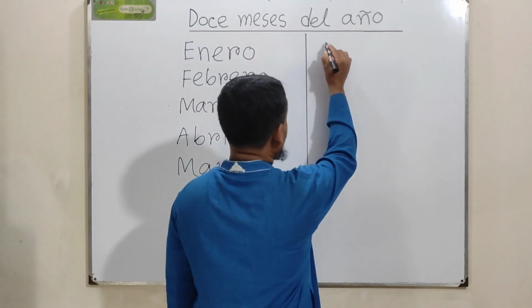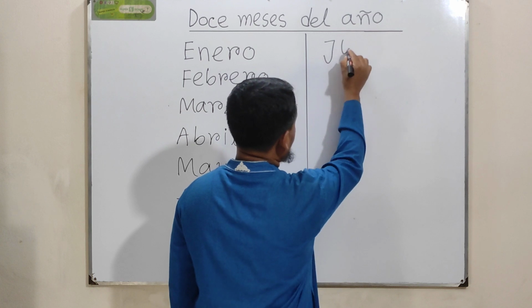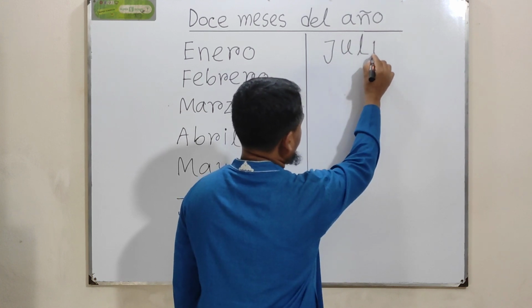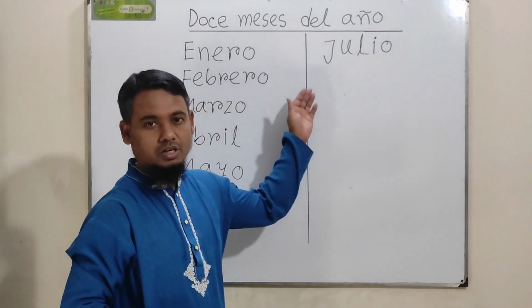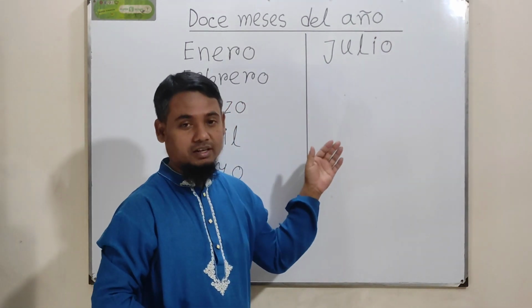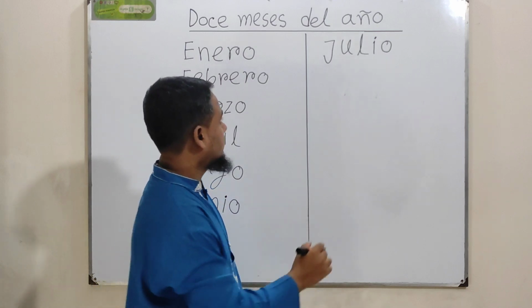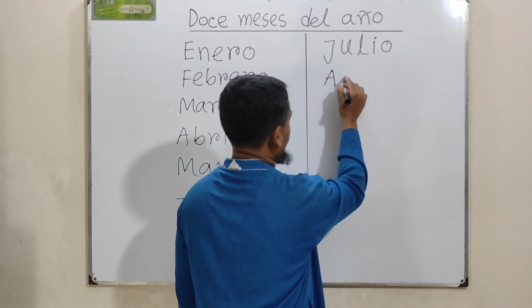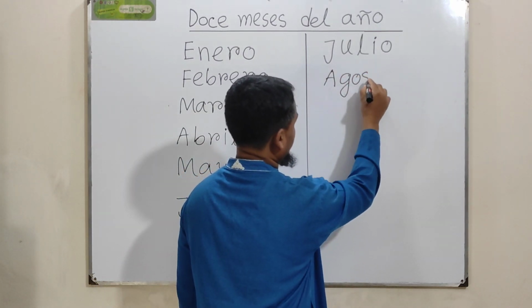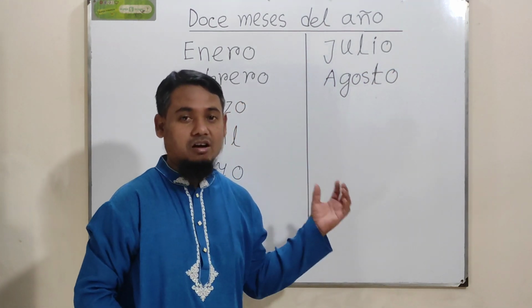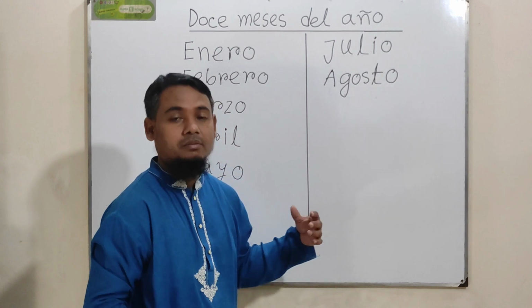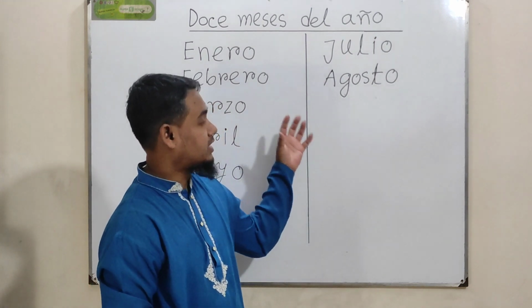Then Julio. Julio means July. Julio. Then Agosto. Agosto means August. Agosto. Very easy to pronounce and very easy to memorize.